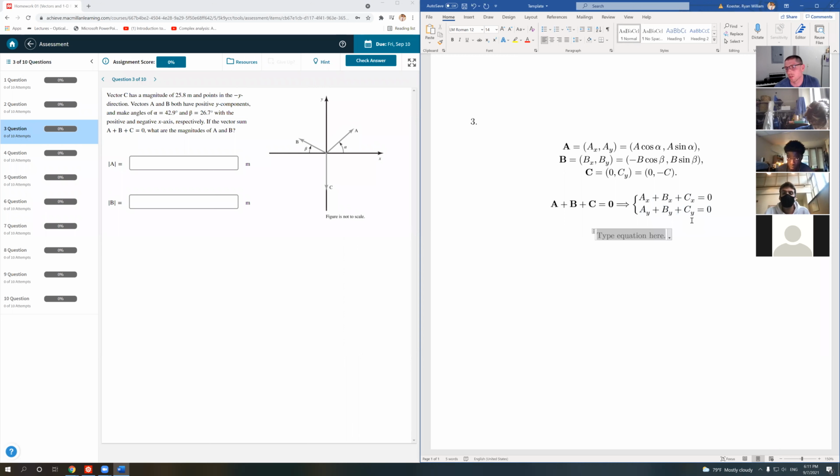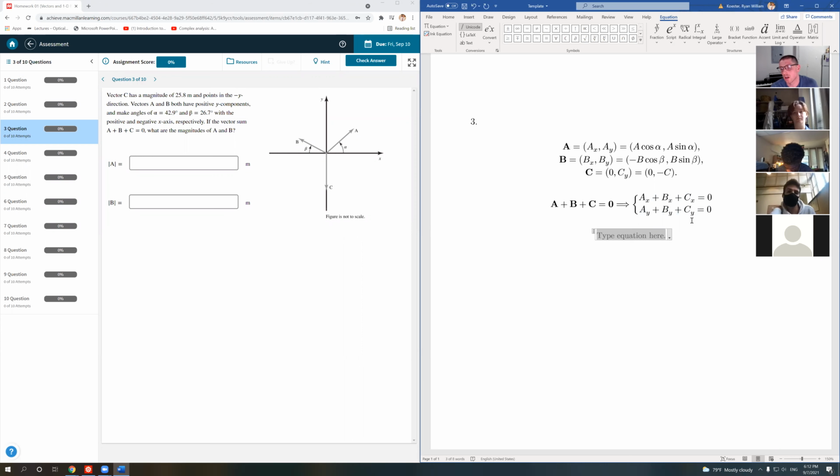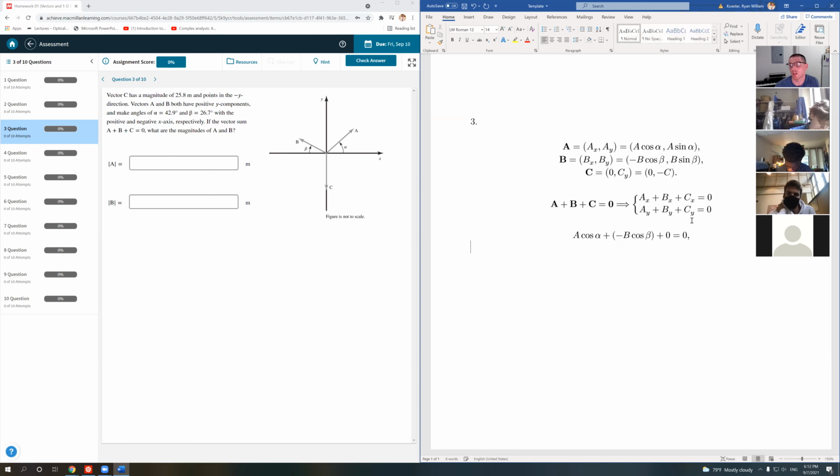And so then we just write out these sums and enforce that the components work out to be 0. So I would say A cosine alpha plus negative B cosine beta plus 0 equals 0. That takes care of the x. And then we do the same thing for y.